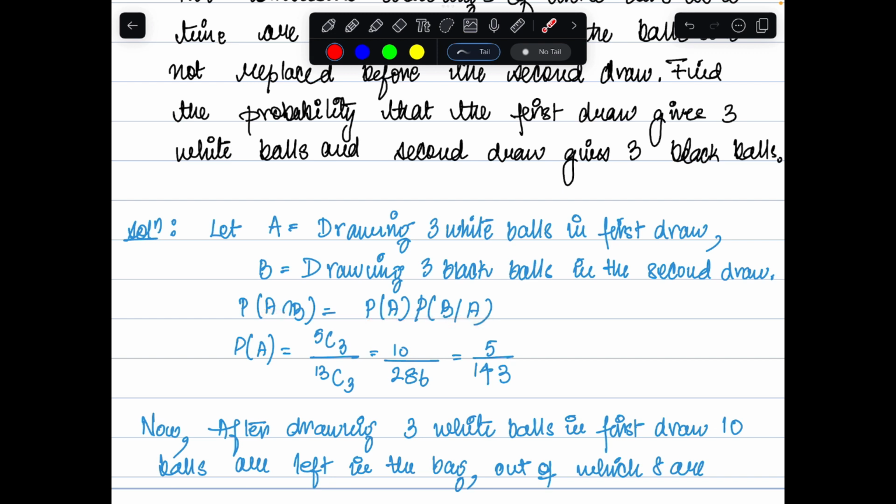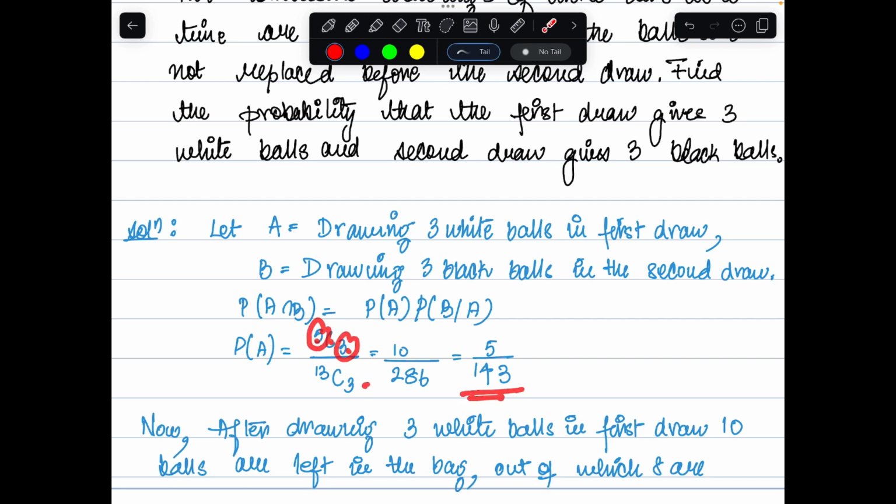So let's use some combination and permutation concept. How many balls do I need to draw? 3 out of 13. So in how many ways can I draw? 13C3, right? What am I supposed to draw? 3 white balls out of how many? 5. So it's 5C3.